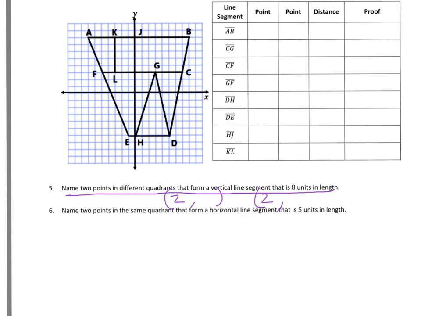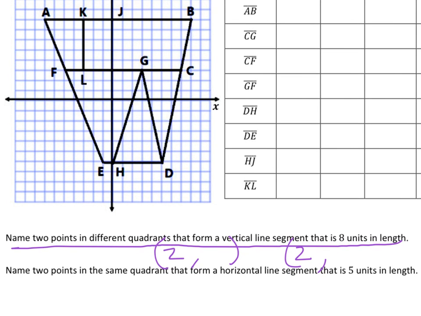Meaning, if I zoom in here, I'm going on this line right here because that's 1, 2. Now I need something. I'm going to pick one up above. So 2, 1, 2, 3. Let's do 2, 3 for our first one. Now my other one, I need to be able to cross into a different quadrant, and it's got to be vertical.